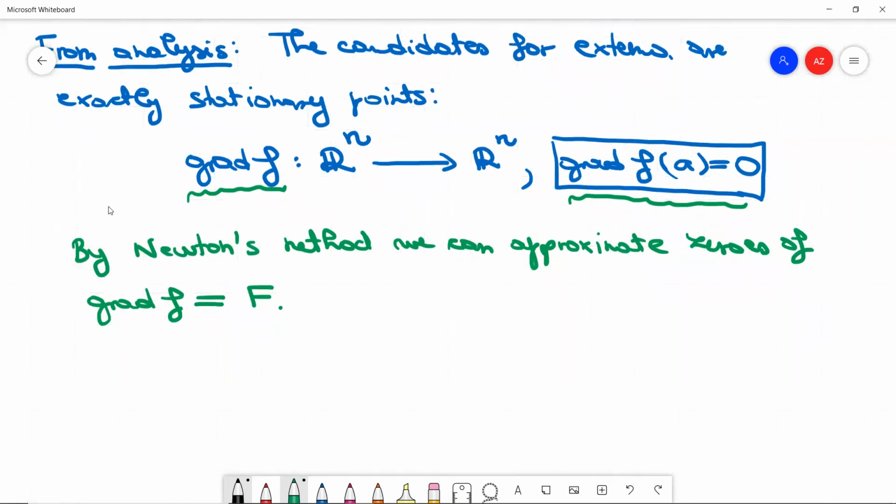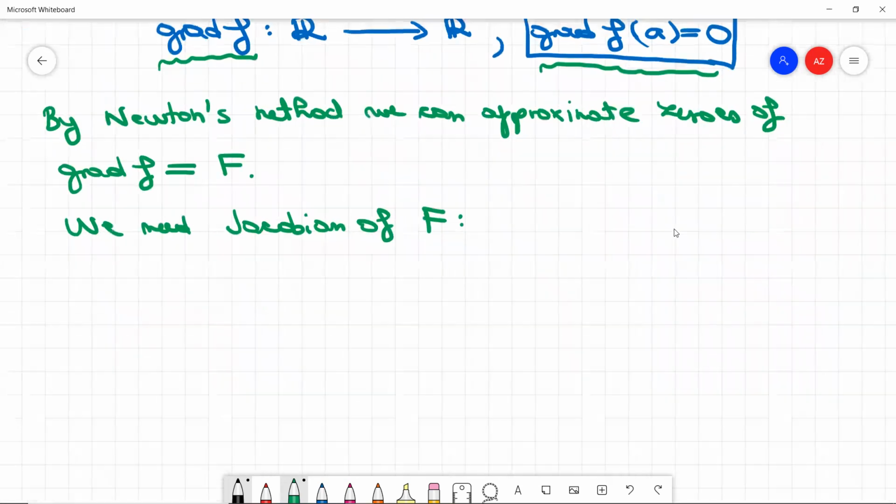And we know that for Newton's method, we need to calculate the Jacobian of capital F. And I will write it down.